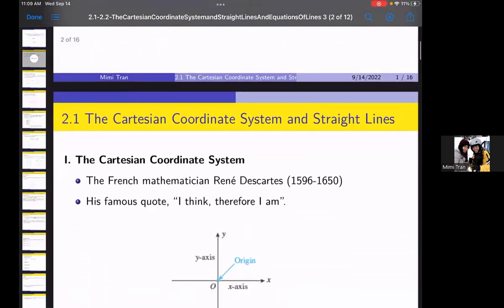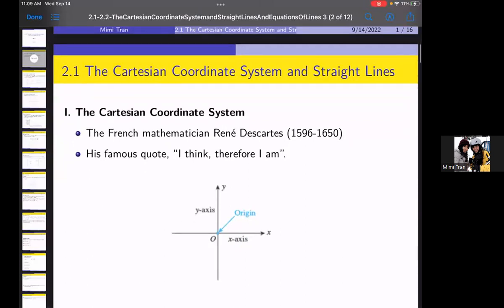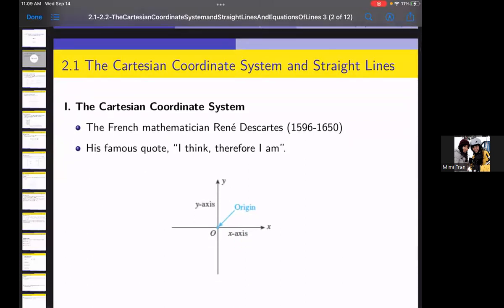The XY axis. The person who discovered this is a French mathematician called René Descartes. It might be pronounced differently in French. You see his birth and death dates. He still did not live long. I'll tell you why later.